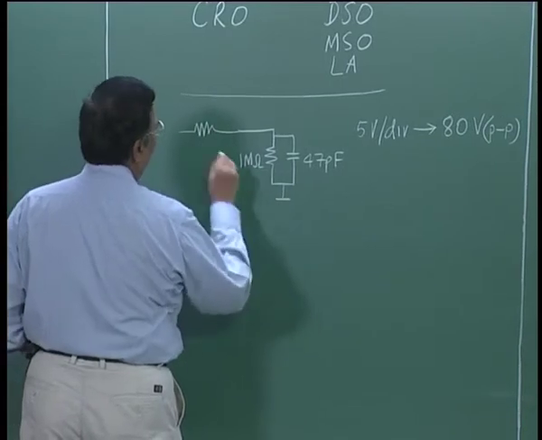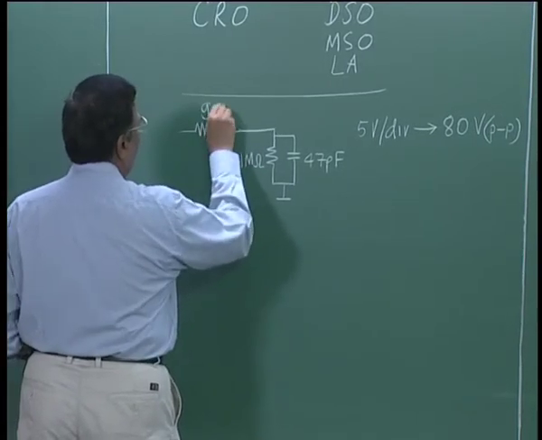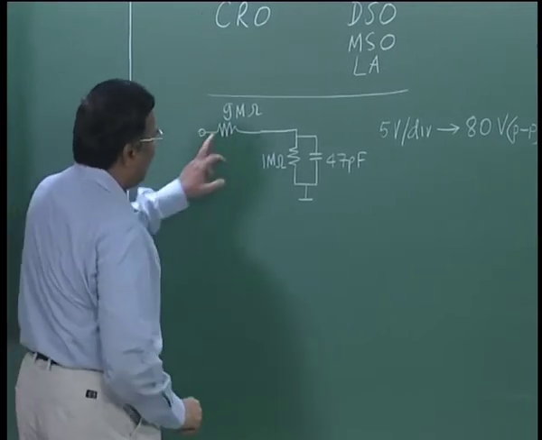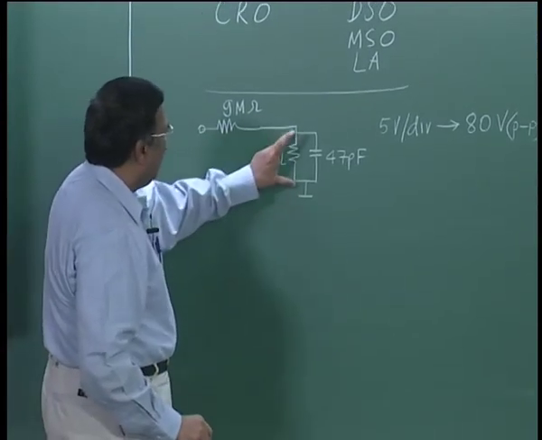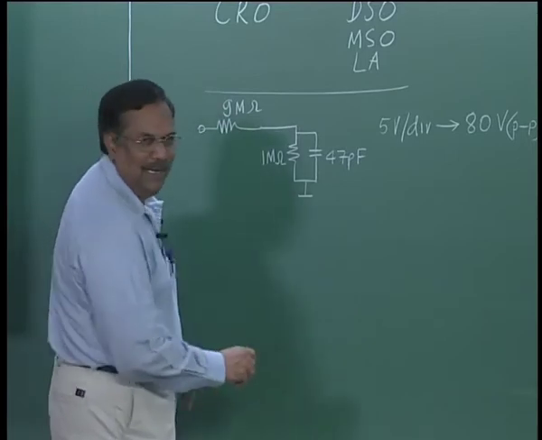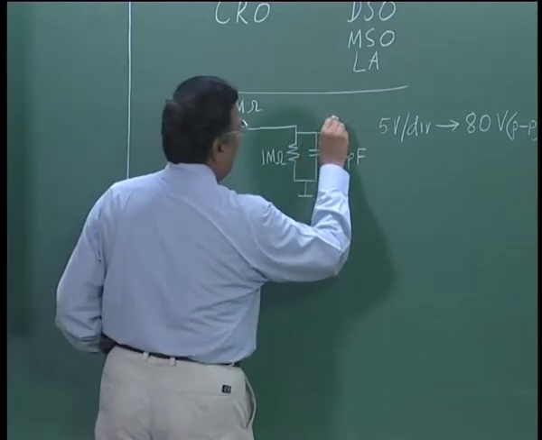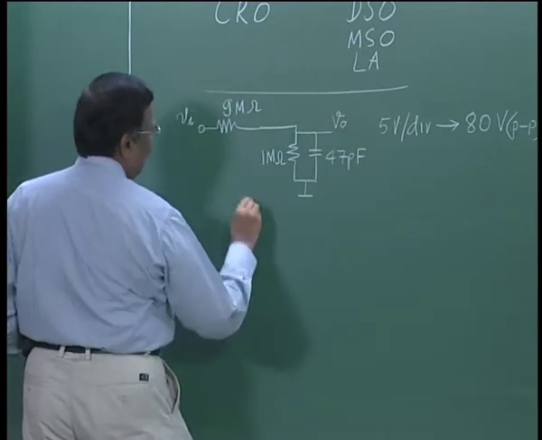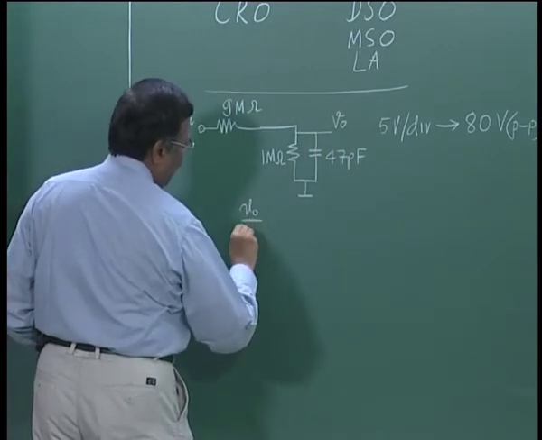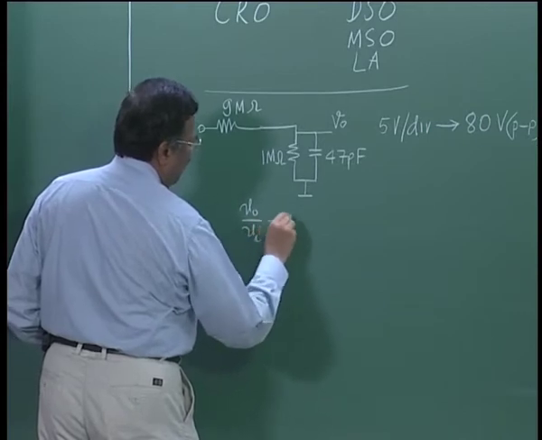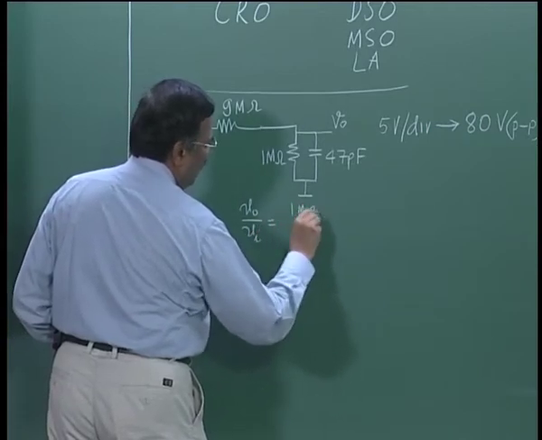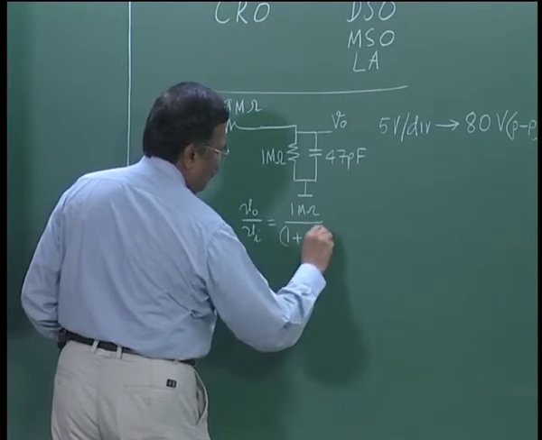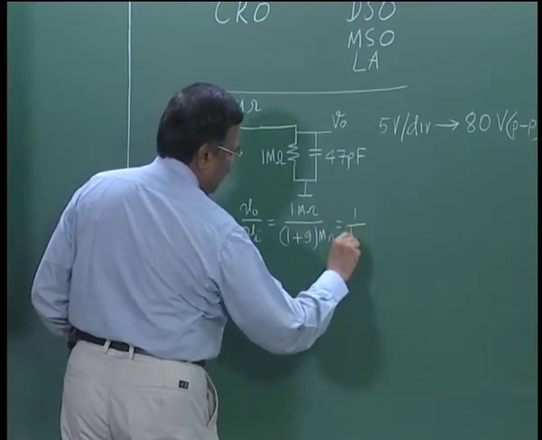If this is 1 mega ohm, we keep 9 mega ohm, right. And so, for DC, if I look at it, 1 divided by 9 plus 1, right. So, if I say this is V oscilloscope and this is my V input, V oscilloscope by V input would be 1 mega ohm divided by 1 plus 9 mega ohm, which is equal to 1 by 10.